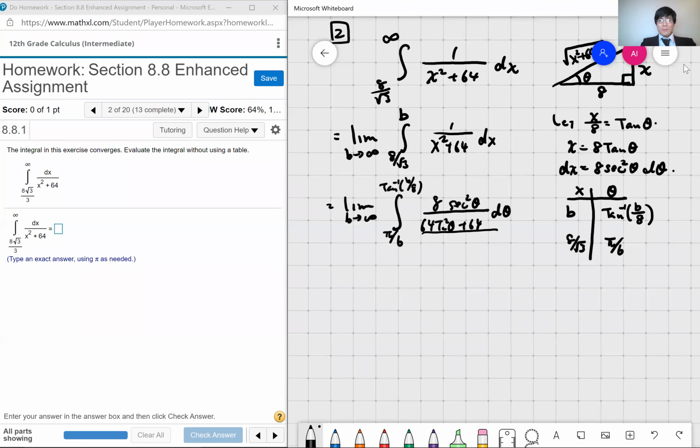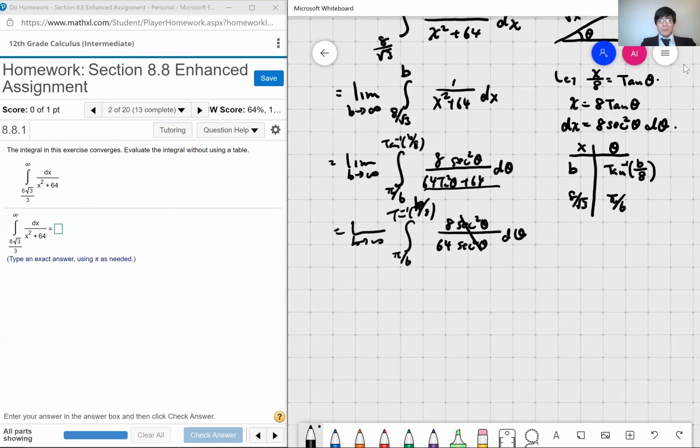Now this part will become 64 times (tangent squared plus 1), which will become 64 times secant squared. So this is going to be 8 secant squared theta over 64 times secant squared theta, d theta. So that's going to be 1 over 8.